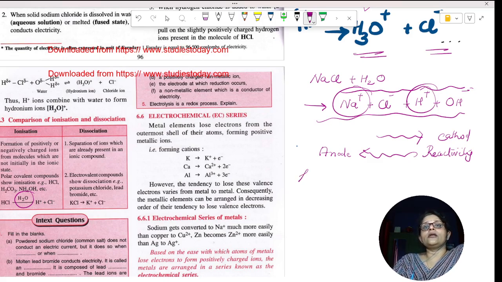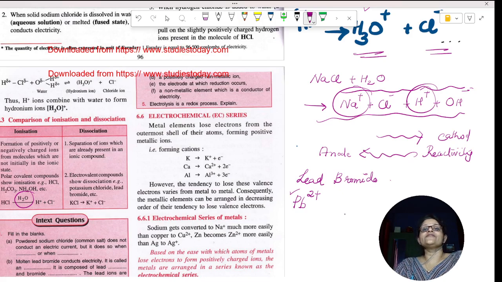What will be the formula of lead bromide? Can you tell me? Lead, what is the symbol? It is Pb. To write a chemical formula, we need to know the symbol and also the combining capacity, or valency.